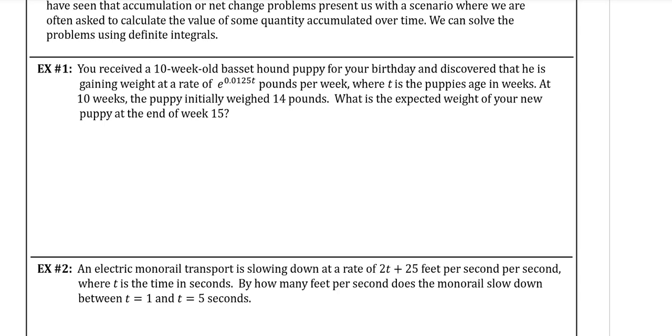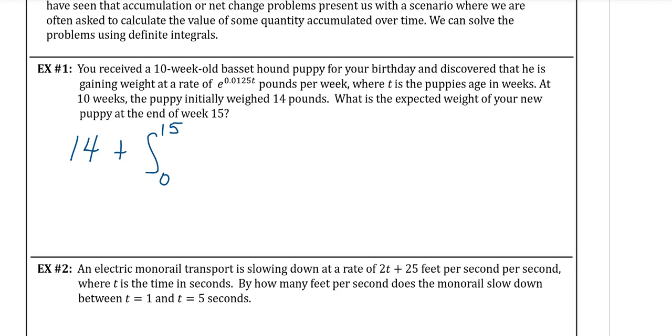So we're going to use the same method that we used before in previous sections. We are going to add to our initial condition, the 14 pounds, the accumulation from where we're starting till the end of the 15th week.